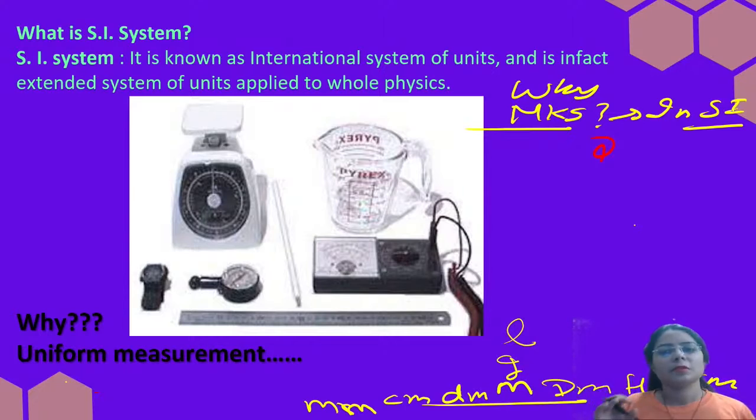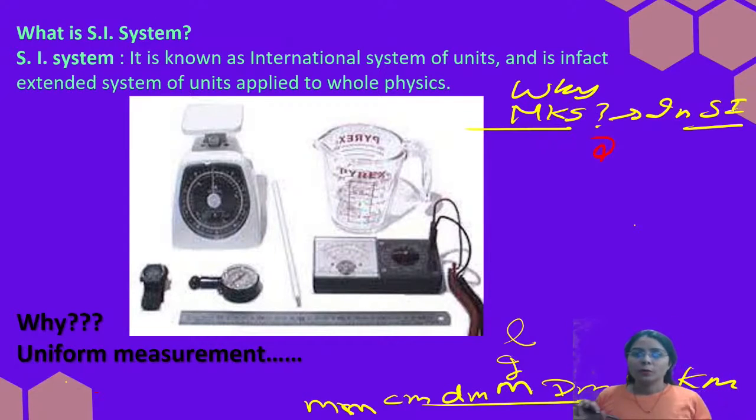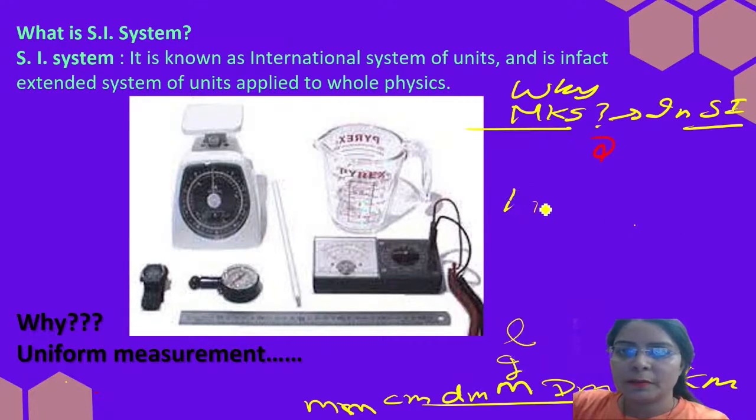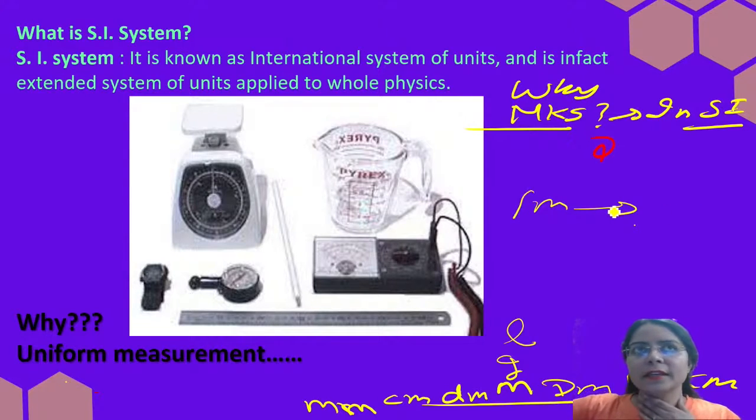Okay, in the MKS system, this is the beautiful thing, that only with the multiplication and division method we can put on our value. Suppose I have 1 meter of cloth. I want a calculation in it, and I say, suppose I have 1 decimeter of cloth.